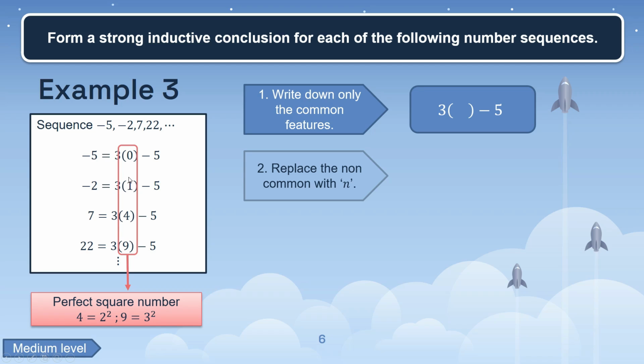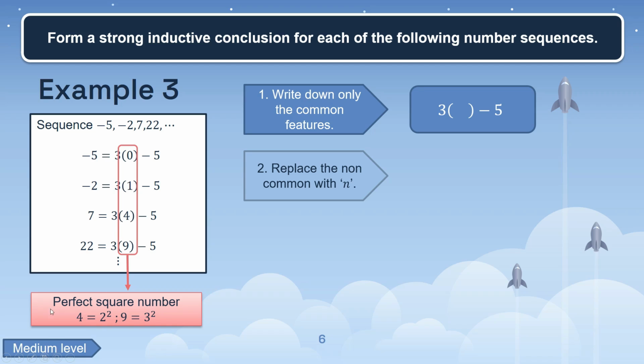Okay, 0 is the perfect square number for 0. 1 is the perfect square number for 1. 4 is the perfect square number for 2. And 9 is the perfect square number for 3. Then we already determined the orderly form of this one. 0, 1, 2, 3.